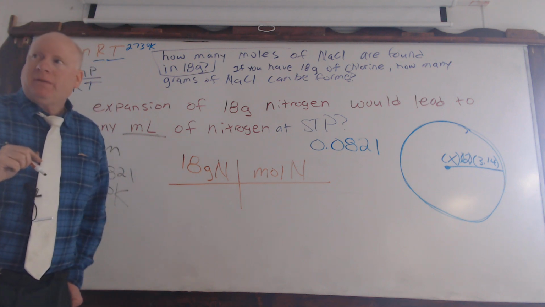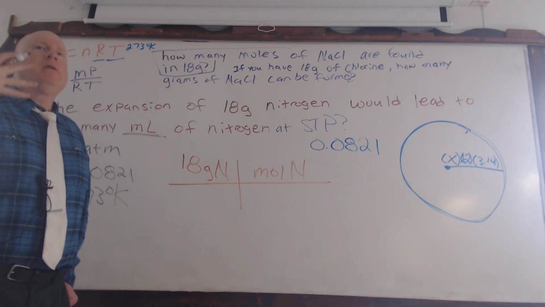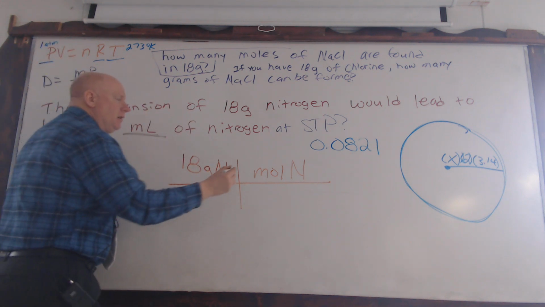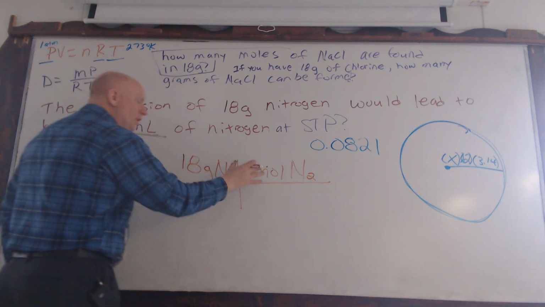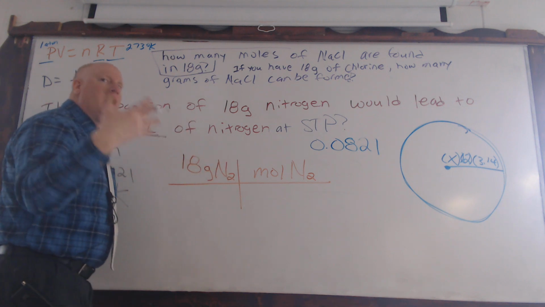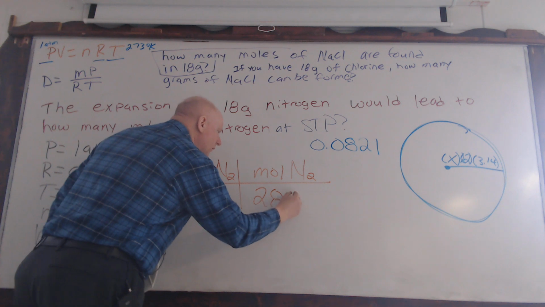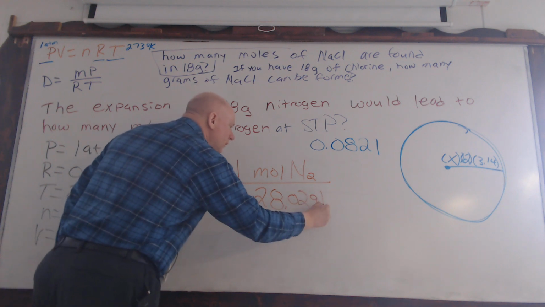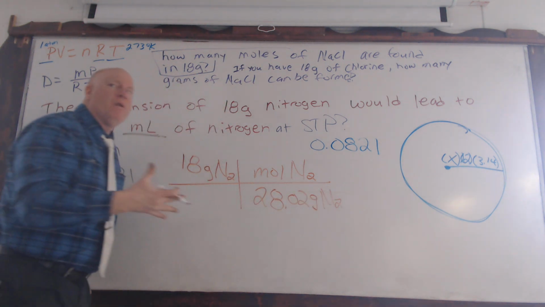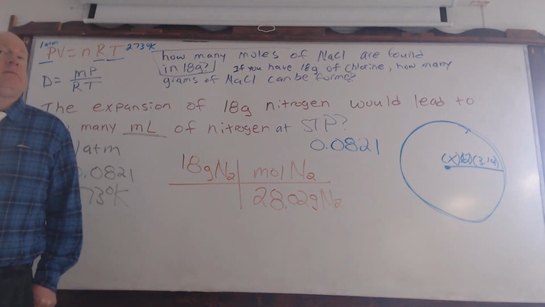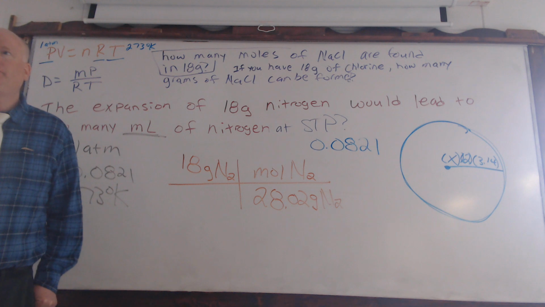Okay? Human nature. People are going to tend to forget to do that. Once you've looked at that, you're going to say, oh, I need to put 28 down here. But when you show your work like that and you label it, you will not make that mistake. At least that's the goal.